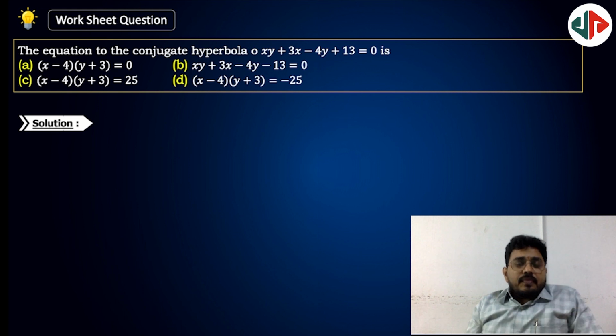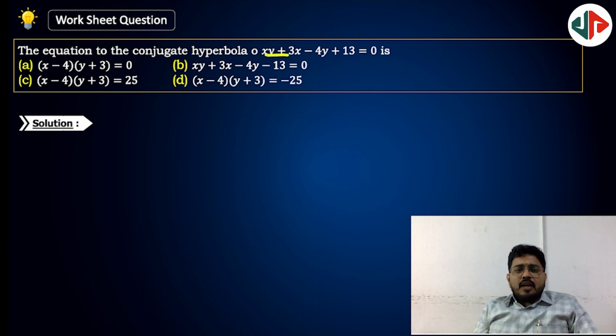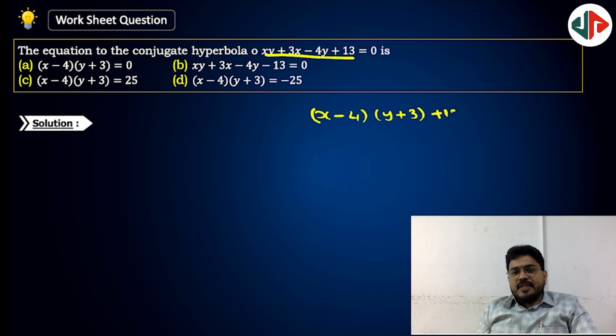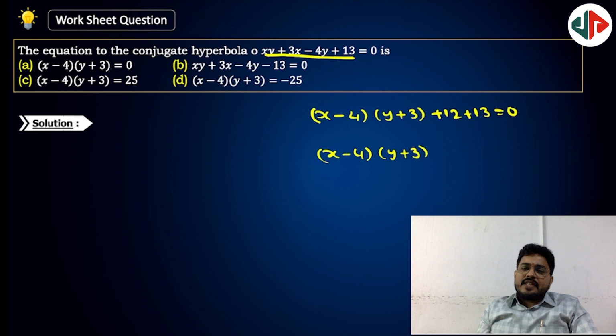So what is this hyperbola? This is x minus 4 into y plus 3. During the process, xy is there, plus 3x minus 4y. This is minus 12, so I will write plus 12 plus 13 is equal to 0. So the given hyperbola is x minus 4 into y plus 3 is equal to minus 20 or so.